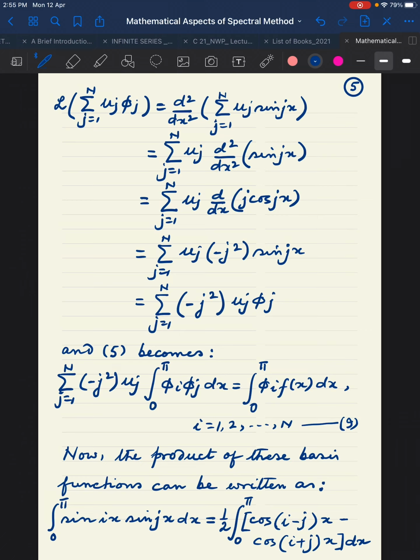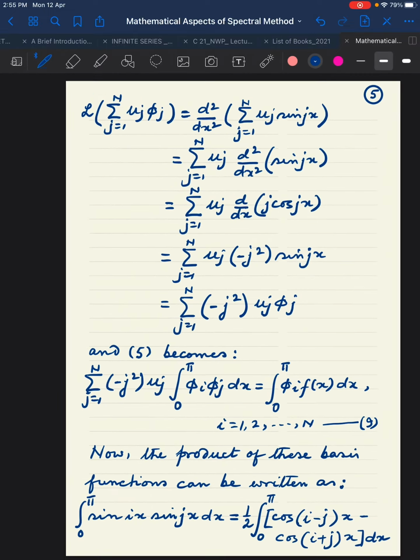on sin jx, and that is only the function of x. So you can operate d2/dx2 on sin jx only, not on uj. So it is written as summation j equals 1 to n uj d2/dx2 into sin jx. The rest is very simple.